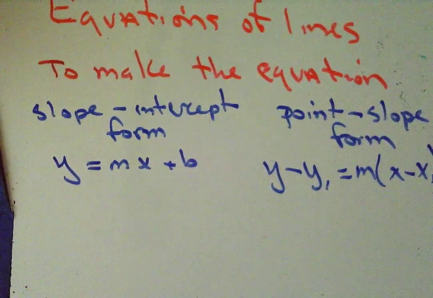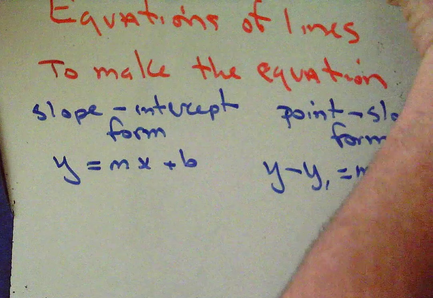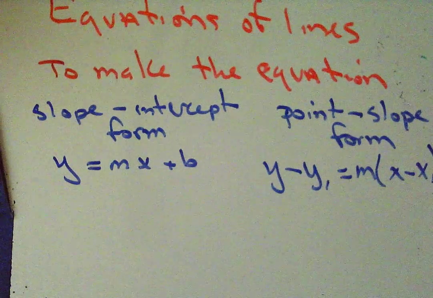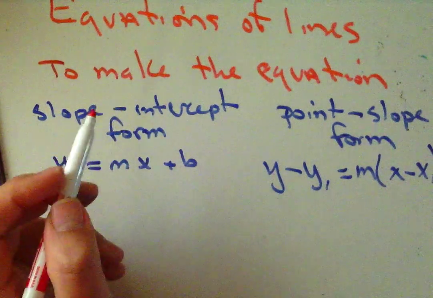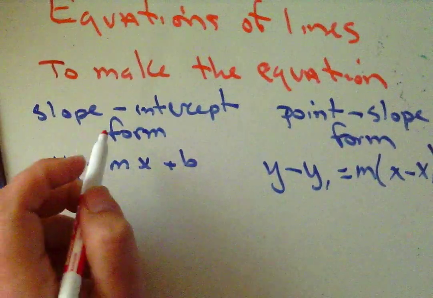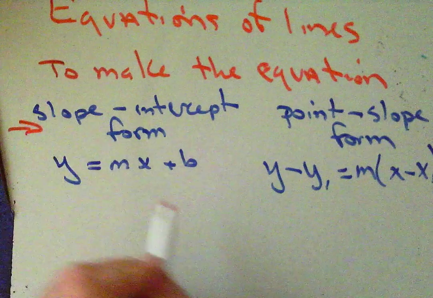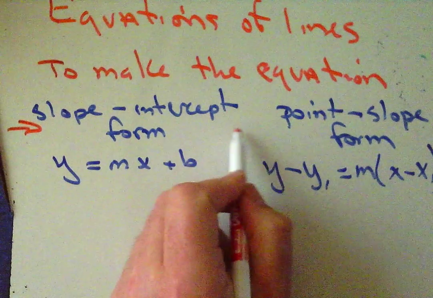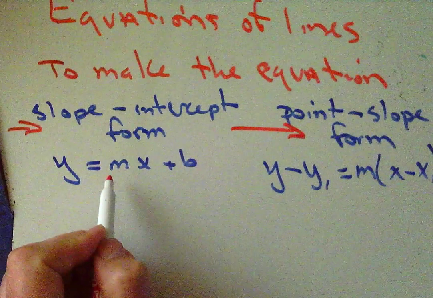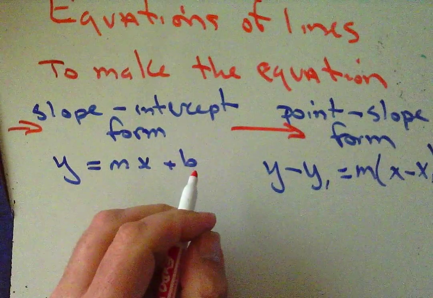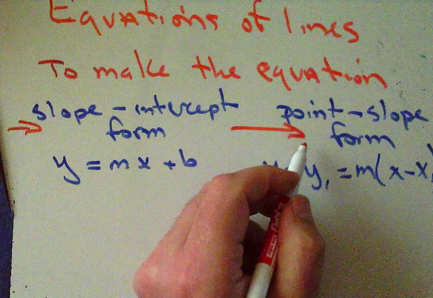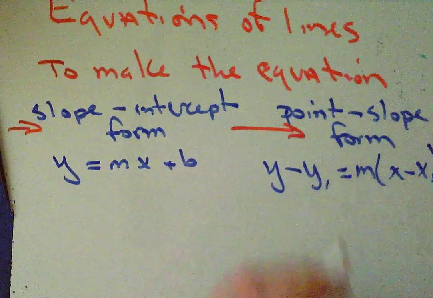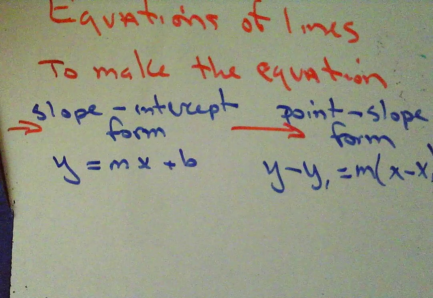I really do need you to know both of these, and I need you to pay attention to the directions on homework or on quizzes and tests. If you see use slope-intercept form, then I need to see you using slope-intercept form. If the directions say use point-slope form and you use slope-intercept form, I have to mark that wrong because I'm actually testing you on using point-slope form. So please make sure you read the directions carefully for the problems that you do.